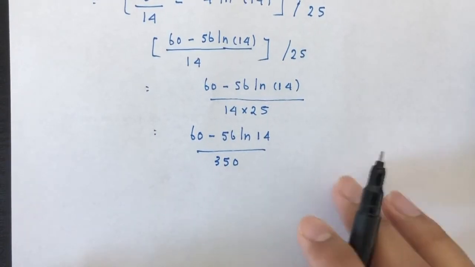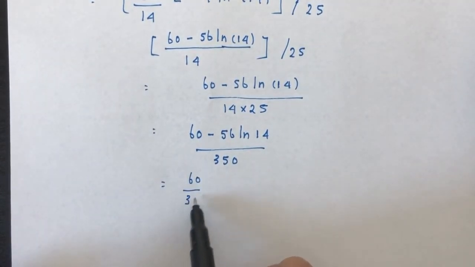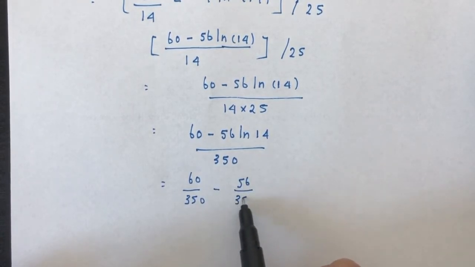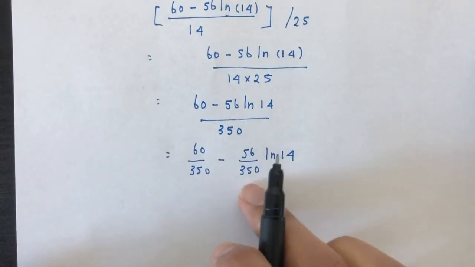So now let's break it down. That will be 60 over 350 minus 56 over 350 ln 14. Let's simplify those fractions.